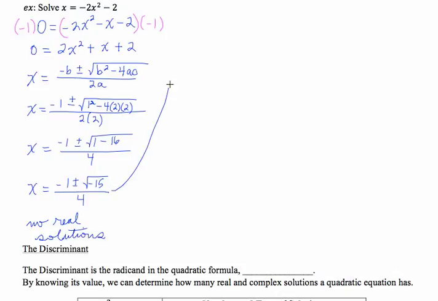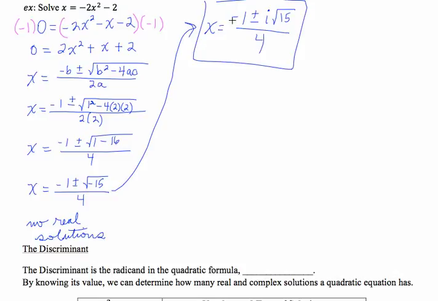So let's keep going with it. So this radical 15 is not simplified because 15 breaks down into 3 and 5, but we can pull the negative out and make it an i. So we can write this as negative 1 plus or minus i times radical 15 all over 4. And really that's as simple as it gets. Those are the two imaginary solutions to this equation.